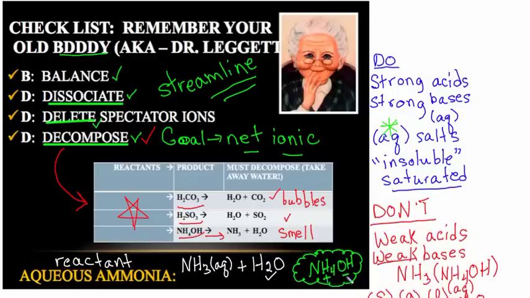The ammonium cation will go with the opposite anion, and the hydroxide anion will go with the opposite cation. So it reacts this way, so it's okay to think of it this way, but you have to write it as NH3 plus H2O as a reactant. So those are kind of the funky nuances as we get into these reactions.